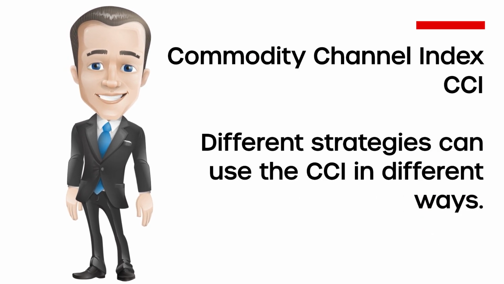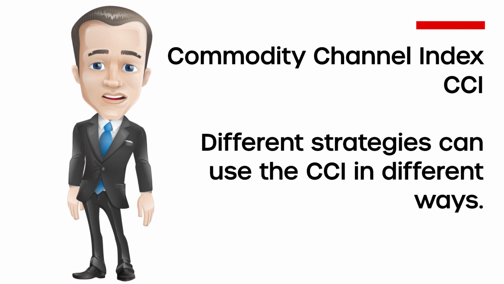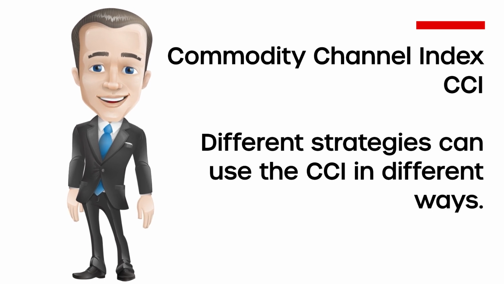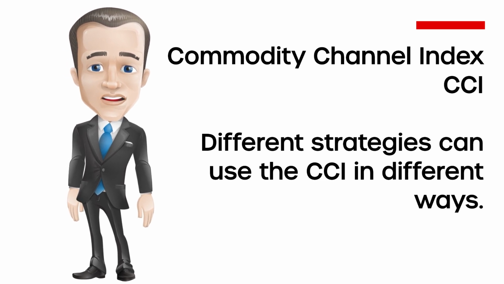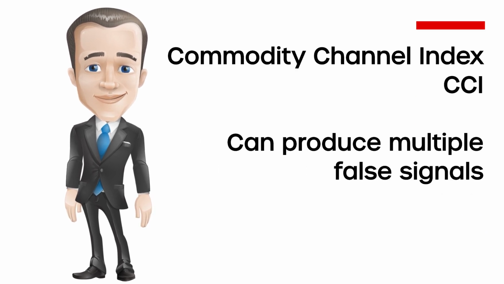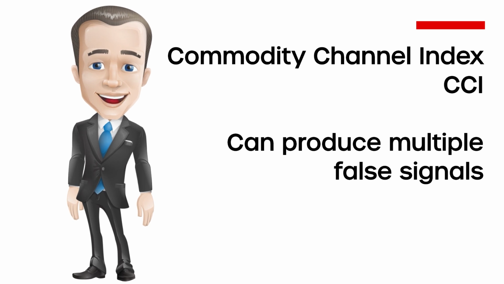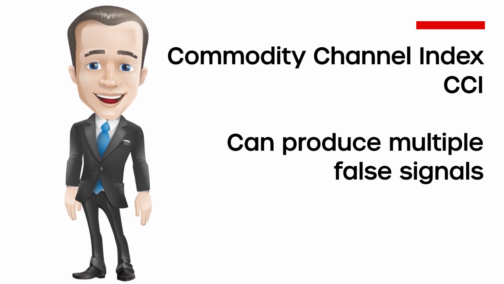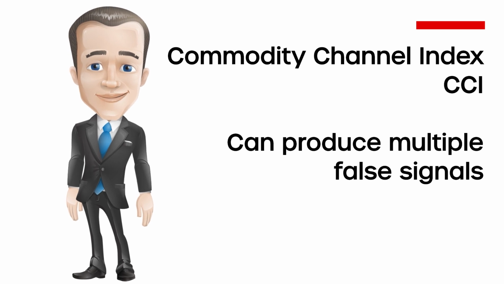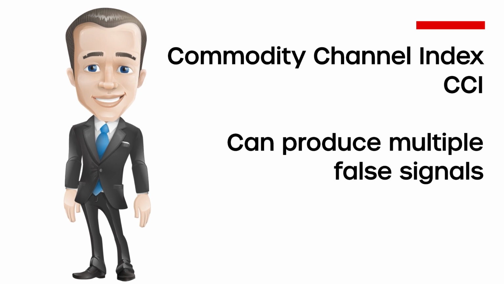Different strategies can use the CCI in different ways, including across multiple time frames to establish dominant trends, pullbacks, or entry points into that trend. Some trading strategies based on CCI can produce multiple false signals or losing trades when conditions turn choppy.